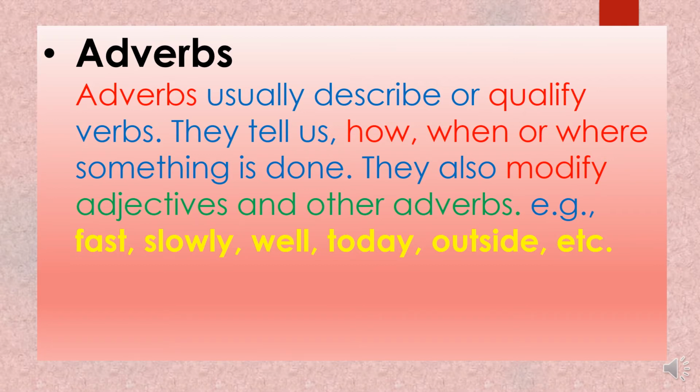So the words which qualify the verbs are known as adverbs. See, the word add is there before verb. So it is adding something to the verb, how the action is taking place.